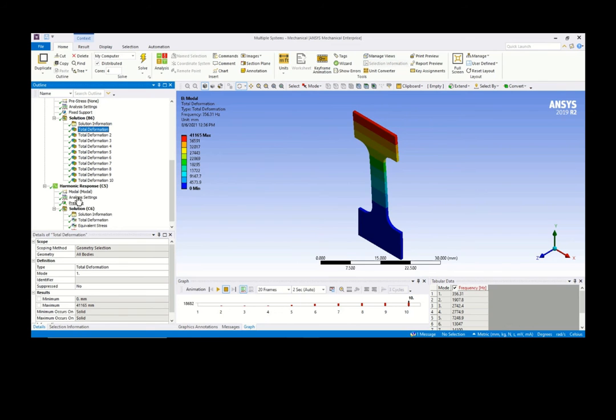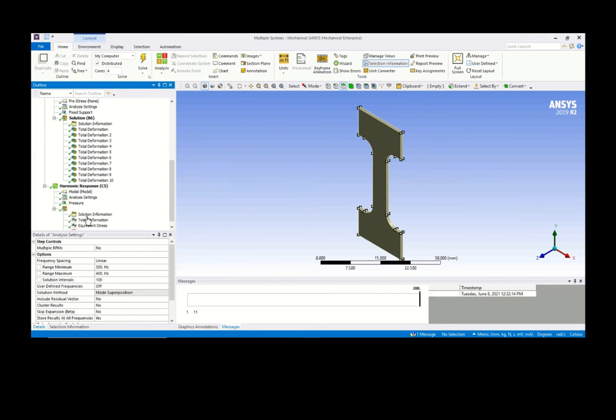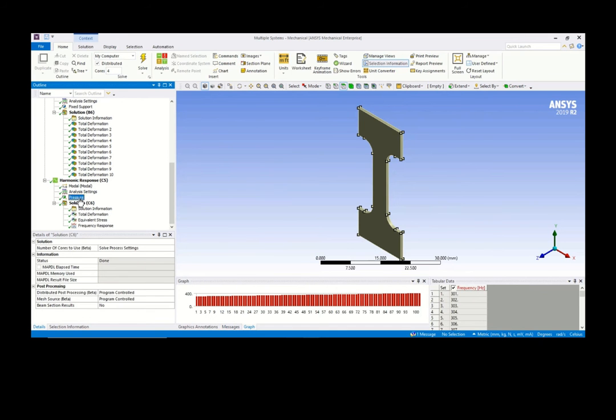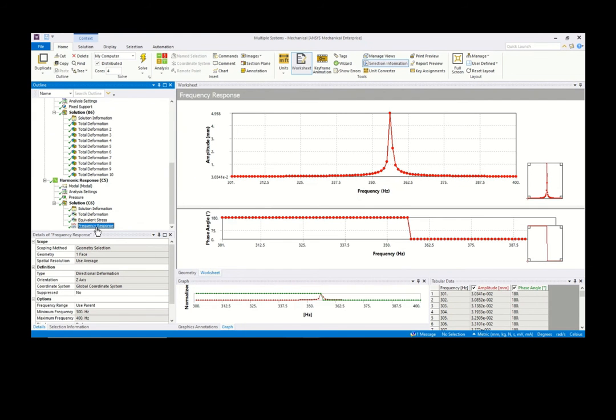The solution interval is 100, so we have data points at 301, 302, 303 until 399, then 400, 100 data points. We solve this with the same pressure, 500 Pascal onto the same surface.